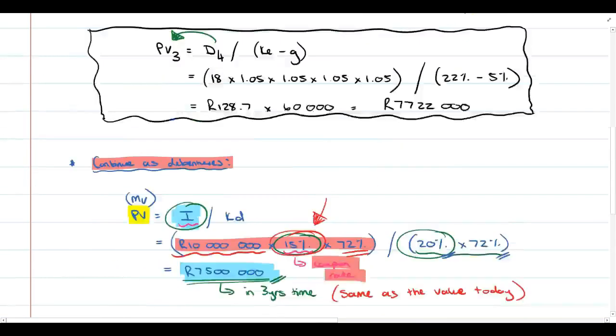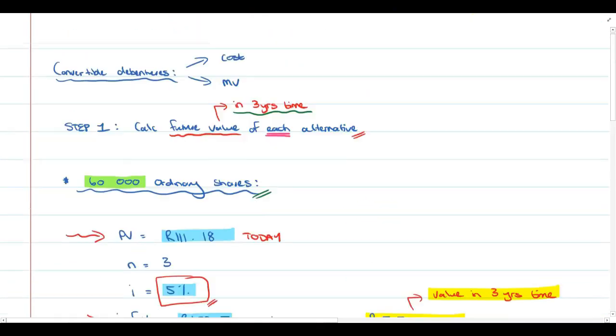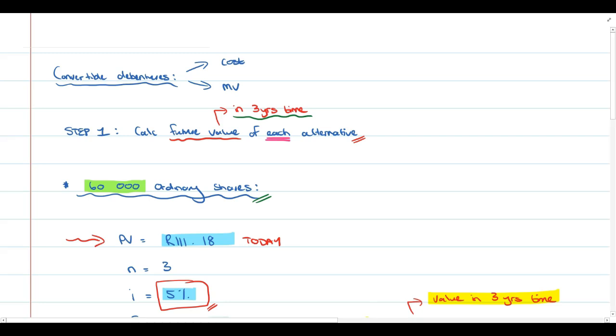All right, so to wrap this up, remember we need the cost and we need the market value. We've calculated the market value of the convertible debentures, and we also need the cost. Now please note, when we perform the WACC calculation, that is a long-term calculation.